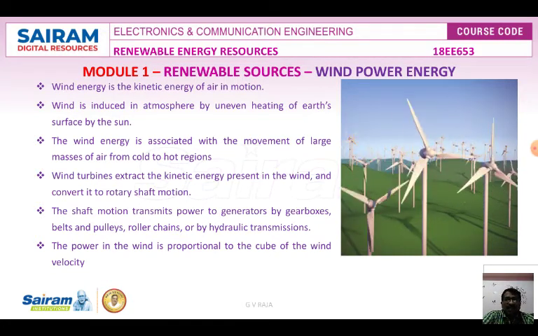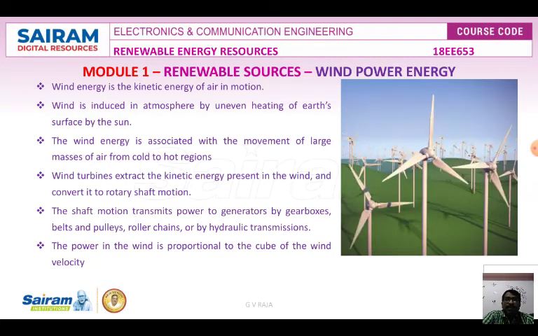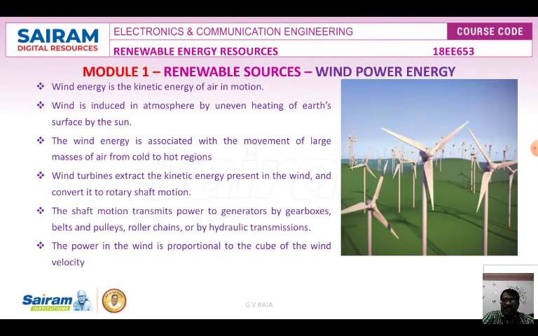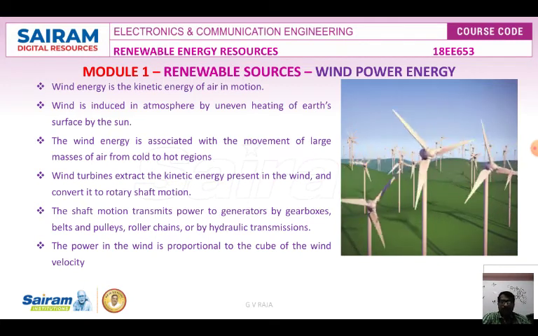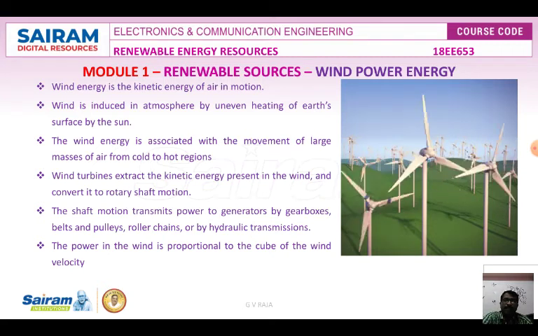The energy available in the wind is about 1.5 x 10^7 megawatts. The wind turbine extracts the kinetic energy present in the wind and converts it into rotary shaft motion.